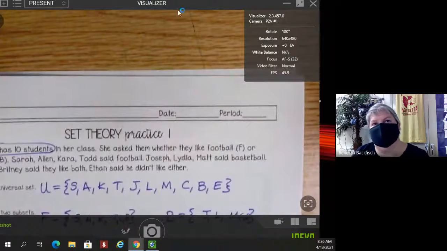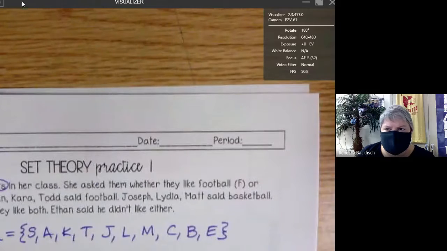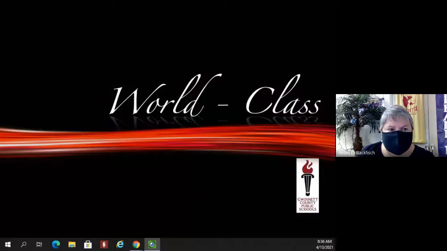Let me just see if I can get rid of this again. Let me just play with it for a second. I really don't know why it's doing that. I obviously clicked on something. It's hard to see what you're clicking on when it's over there on the other screen. And I clicked on something that I didn't need to click on.